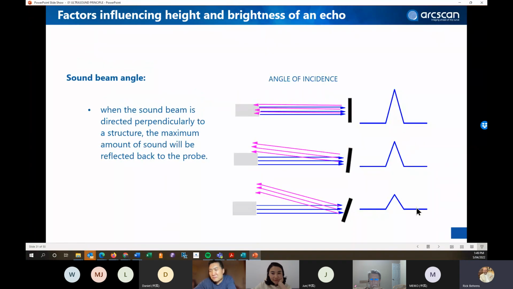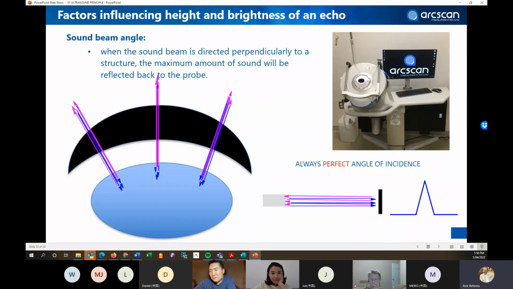The main difference with the Insight 100 is that our probe is resting in a plate, and this plate will move back and forward, always perpendicular to all the areas of the cornea and the eye. That way we always assure a perfect angle of incidence, and this is something that no other equipment will give you.